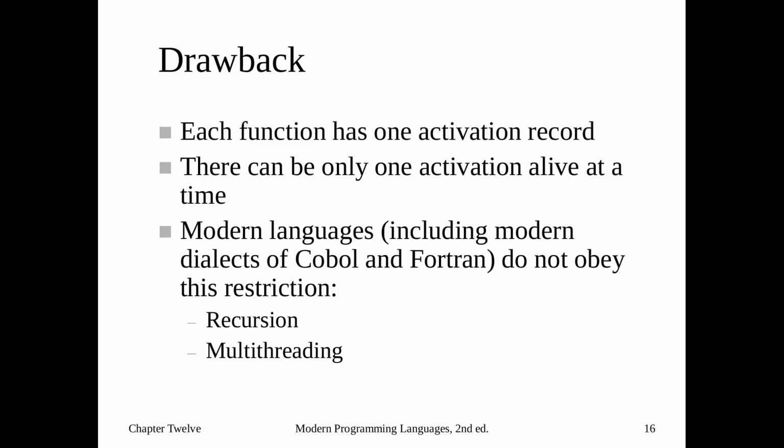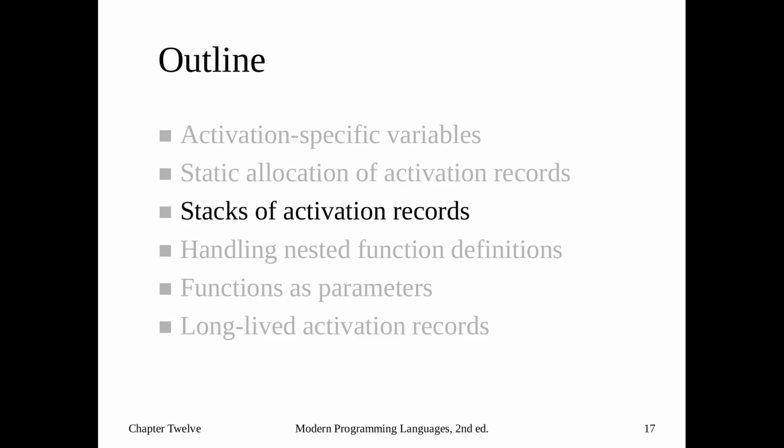But modern languages have both those constructs, right? Java, C, Ruby, ML all involve these higher level concepts like recursion and multi-threading, which means we need some other way. We need some concept of having more than one activation record. So that leads us to the concept of stacks of activation records.